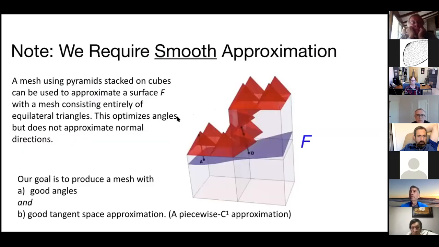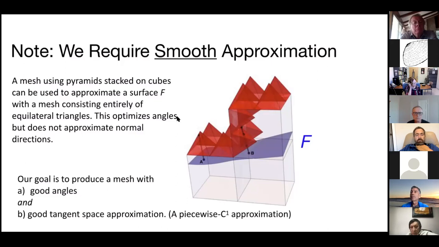One important thing to realize, if you're a mathematician thinking about approximation, is that we want smooth approximation, or C1 approximation. So think of this purple surface F here. You can actually approximate F using entirely equilateral triangles, exactly 60-degree triangles, if you allow yourself to just stack pyramids of this type near the surface. This method actually goes back to Whitney.